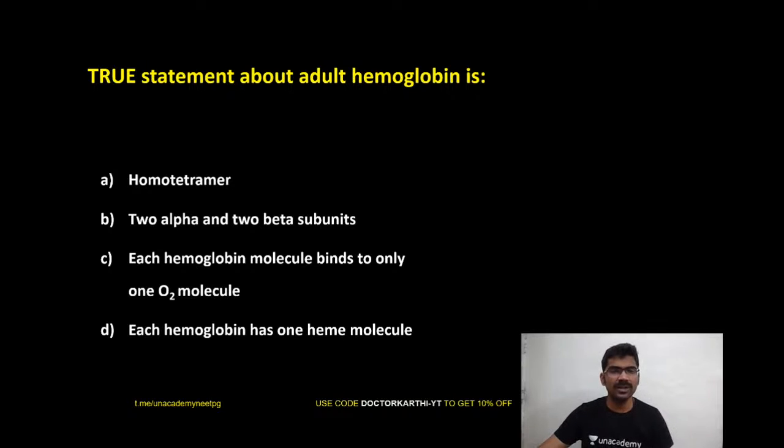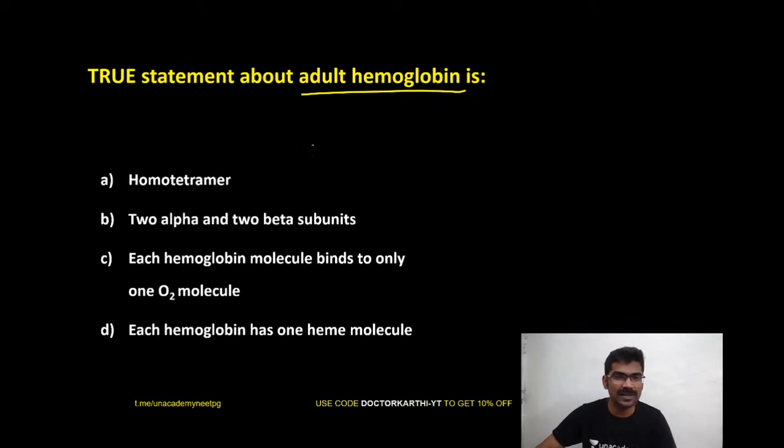So adult hemoglobin, that is the normal hemoglobin. So that is your adult hemoglobin. So this is the easiest question. You can answer it instantaneously. Answer this instantaneously. Yes, so I am getting instant answers.